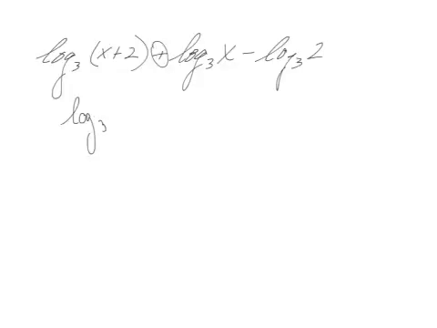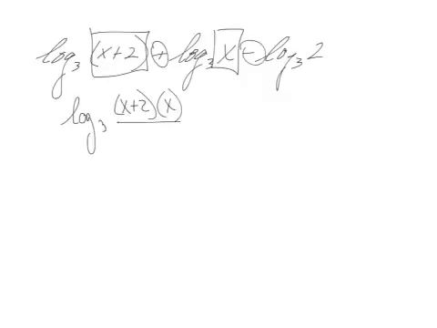So this has a plus sign, so that means these are actually multiplied, right? So I can write that as x plus 2 times x, and this minus means divide. Okay, so there we go.